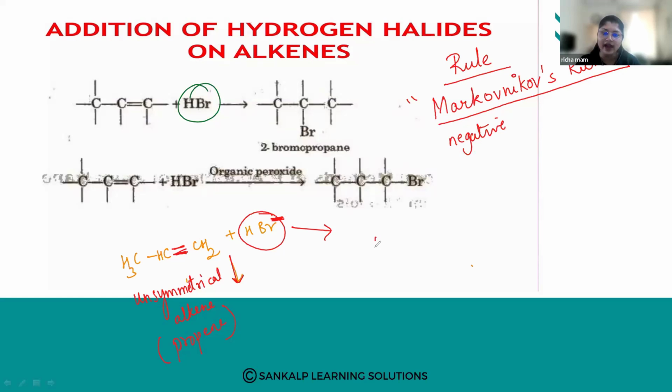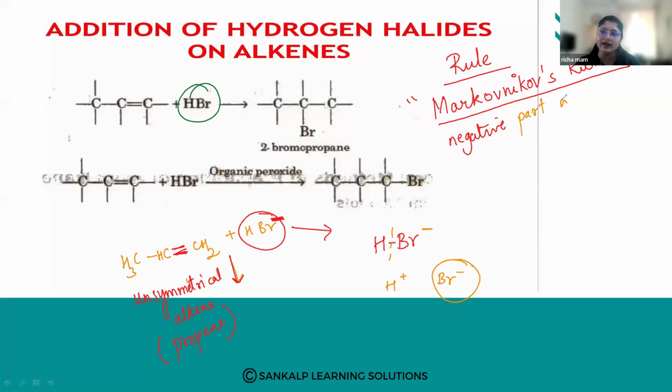The bromide. If I break this bond, hydrogen will be H plus and the bromide ion will form. So bromide is the negative part.